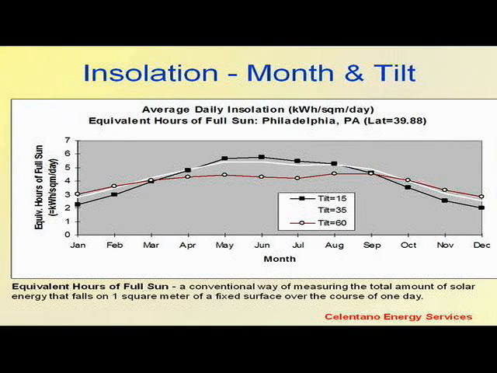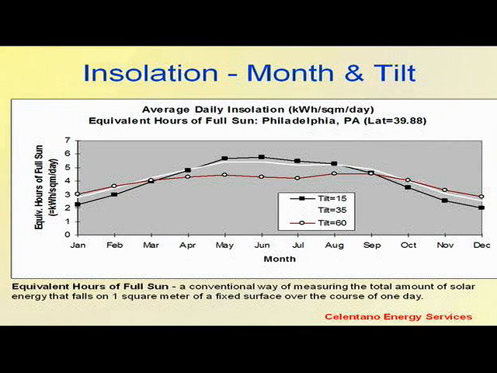This is for Philadelphia's latitude, which is just south of 40 degrees. And if you were to have the tilt at 60 degrees, you would be maximizing your production during the winter months. If you have it at 15 degrees, only 15 degrees from the zenith, you're going to be maximizing during the summer months.